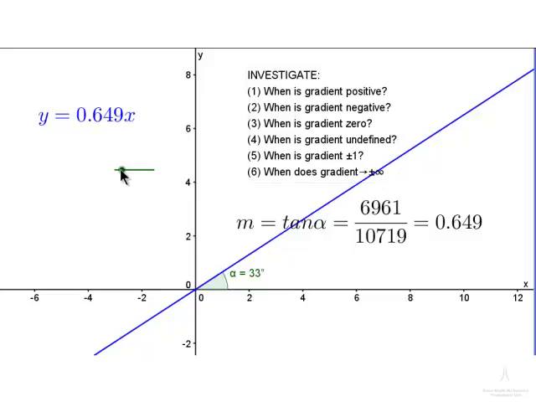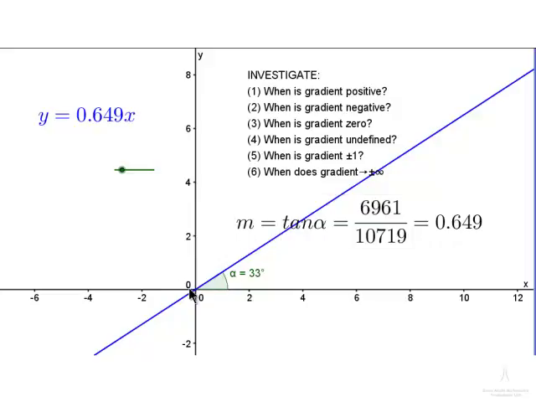So let us use our slider, and again the slider is used here to change the gradient. Remember, the gradient is delta y over delta x, so I haven't indicated that, but I've only indicated the values here, and then GeoGebra shows us what the gradient is.